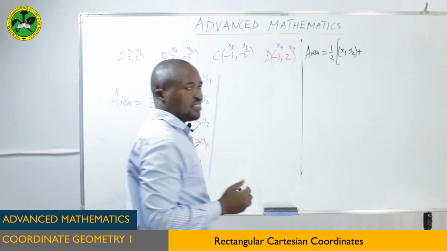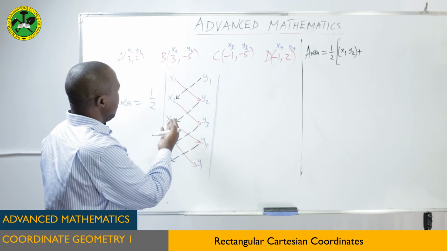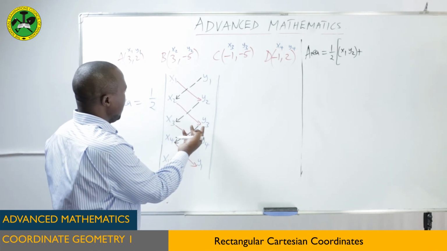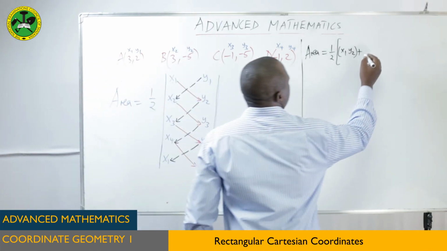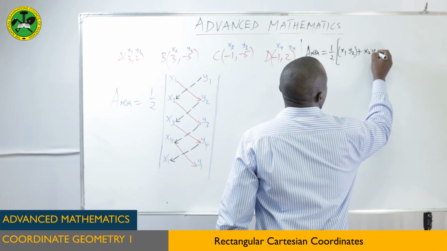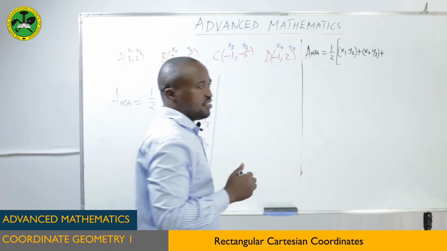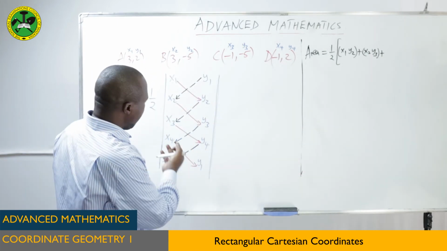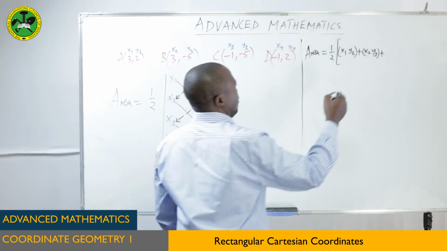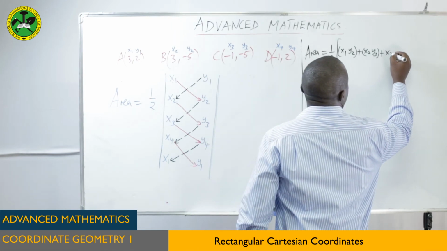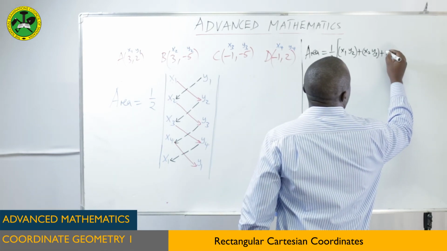This one plus, we have x2 and the y3, so x2, y3 plus, the next is x3, y4.